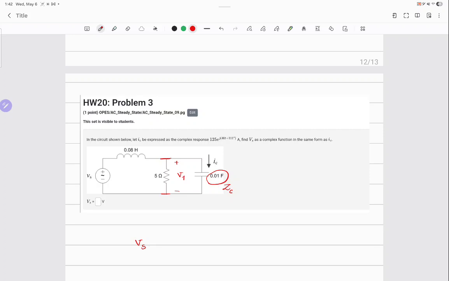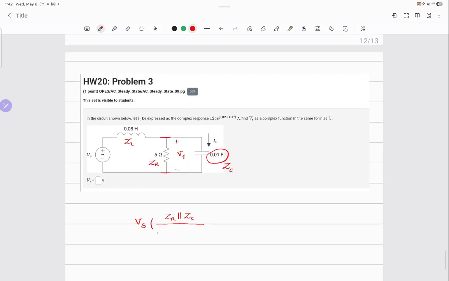Vs times... Let's call this ZR and let's call this ZL. Do you agree with this expression or no? I want you to understand what I've written.